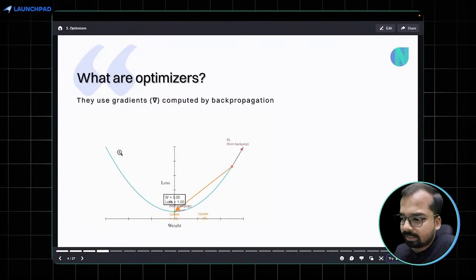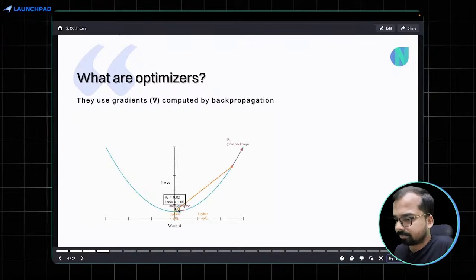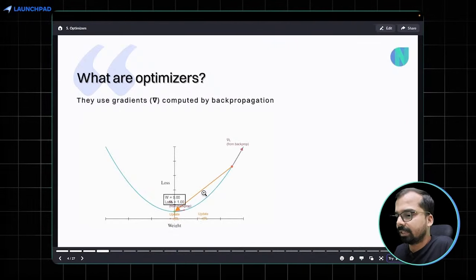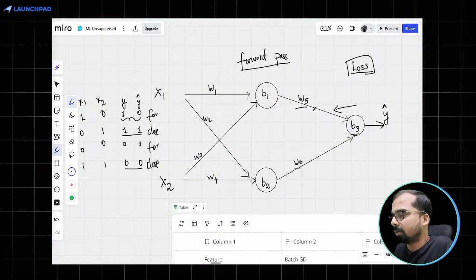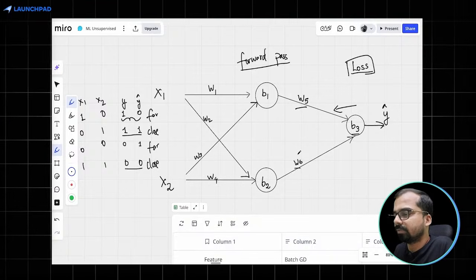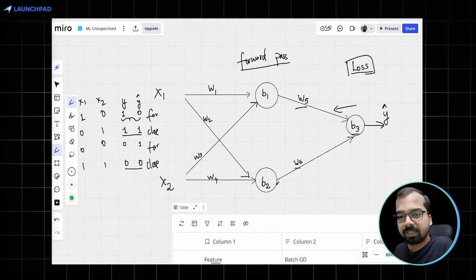Now here is an example of loss. What is the loss at different values of weight? This weight is called general weight, but ideally we'll plot what is the loss with different values of W5, what is the loss with different values of W6, with B3, with B1, with B2, right?